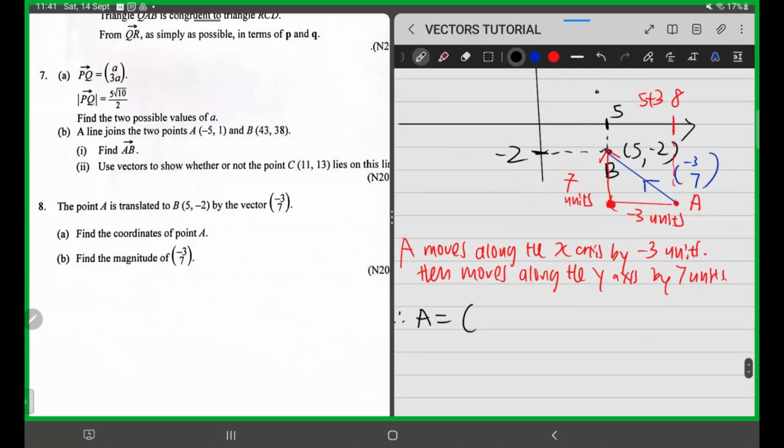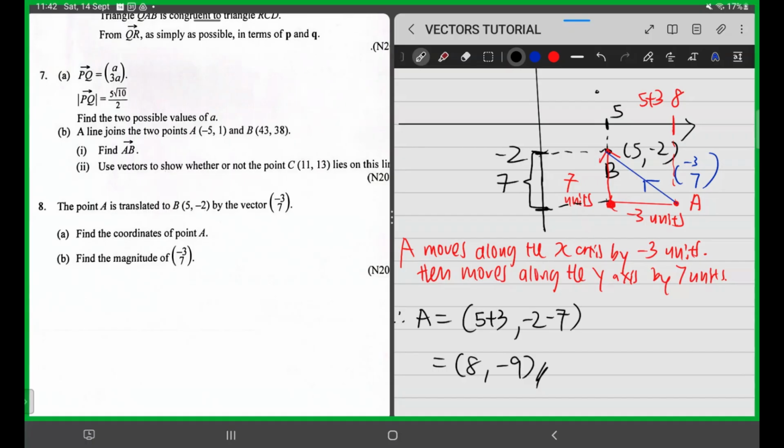Then for the y-coordinate, here is 7 units, so it's negative 2 minus 7. So hence your answer should be 8, negative 9. And that's the answer. If you can draw this out, then it's very clear already.